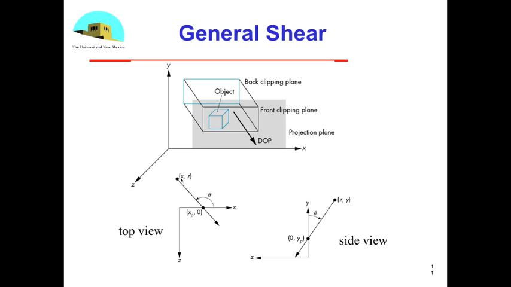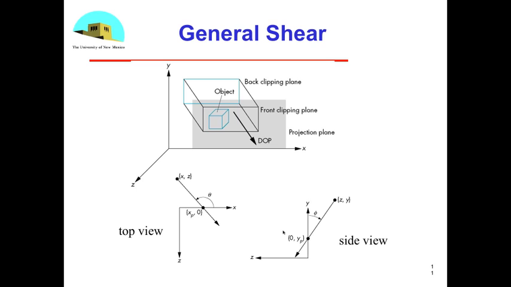You're projecting this xz point into xp, a point on the x-axis, so it's xp, 0. Likewise, if you look at a side view from the right side, you'd see the y and the z, and you'd see the obliqueness here and get the other equation.